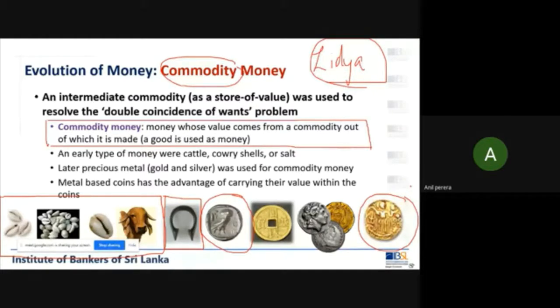Now during the Anuradhapura period, we have seen these coins used by various kings, using their portrait or various symbols. This coin that I have taken here is related to the Polonnaruwa kingdom, 11th or 12th century.